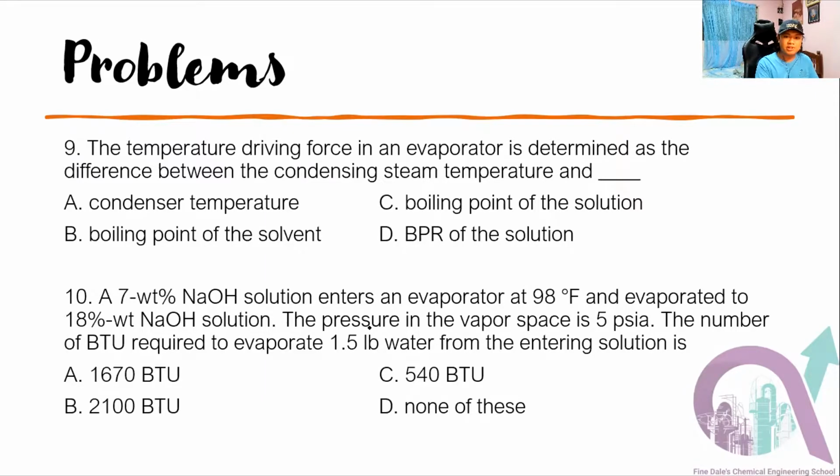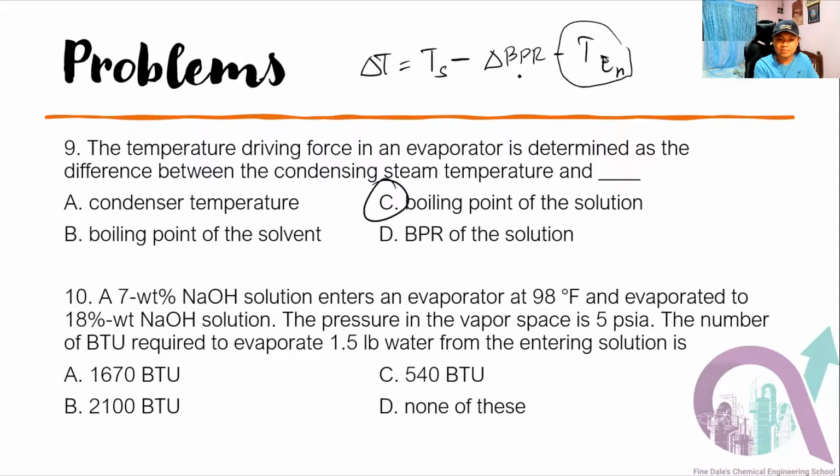Number 9: temperature driving force in an evaporator is determined as the difference between the condensing steam temperature and the boiling point of the solution in the last effect of the evaporator. If you only have one effect, it is the boiling point of that.